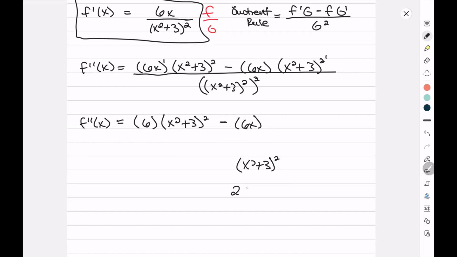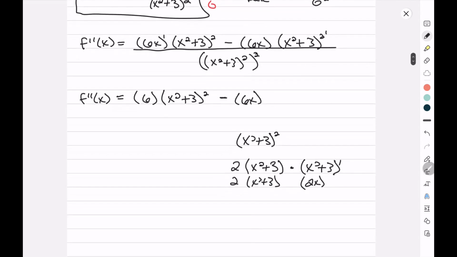We bring down the 2, minus our exponent by 1. And then we'll also take the derivative of x squared plus 3, and we found that that'll equal 2x. So we get a 4x and x squared plus 3.